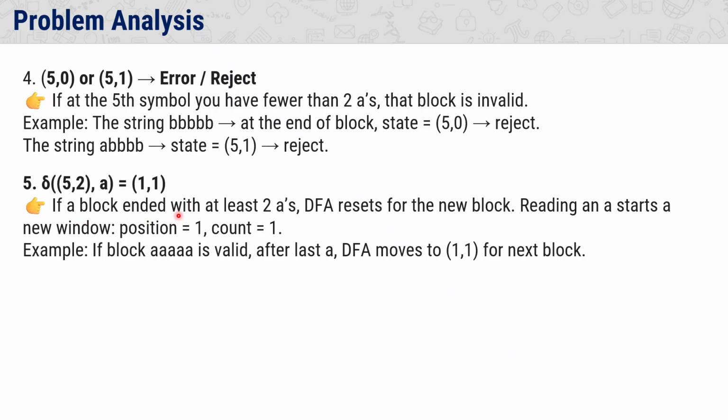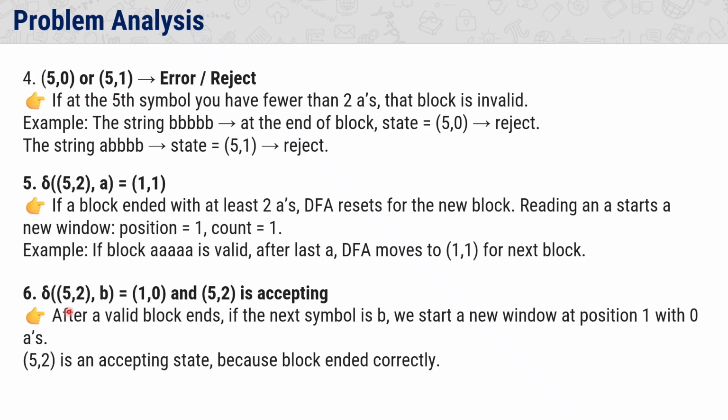If a block ended with at least 2 A's, the DFA resets for the new block. Reading an A starts a new window, position 1 and count 1. When a block of 5 symbols is read and it is valid, after the last A the DFA moves to (1,1) for the next block.